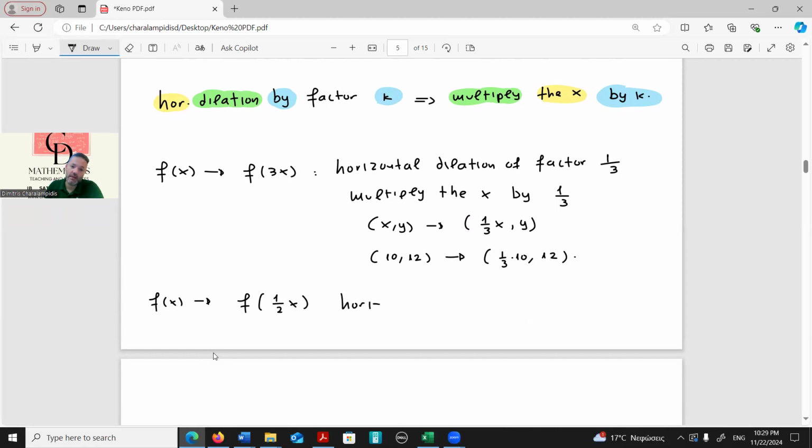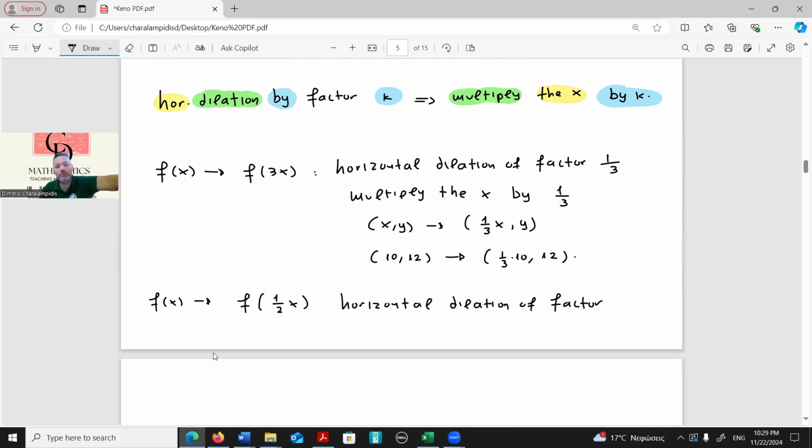A final example, f of x moving to f of 1/2 x. This again can be described as a horizontal dilation of factor, not the number we see directly, not 1/2, but rather its reciprocal. And by reciprocal, we mean the flipped version. The flipped version of 1/2 is obviously 2 over 1.